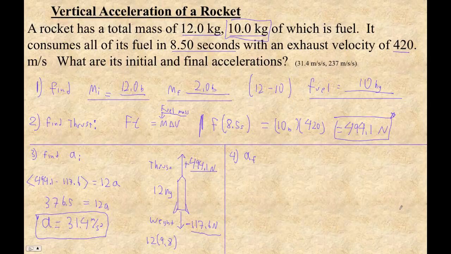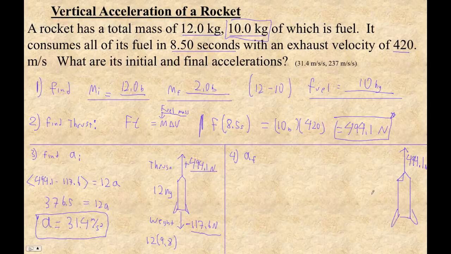So let's draw a picture of the rocket again. All right, and then here's our fins like this, right? And our upward force is still 494.1. We're assuming that until that last atom of fuel goes away, that upward force doesn't change, right?